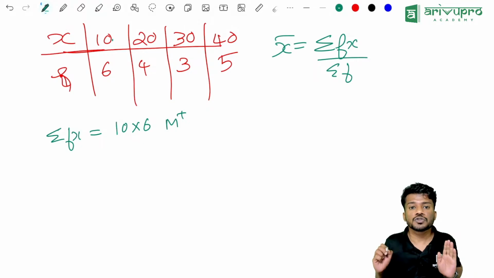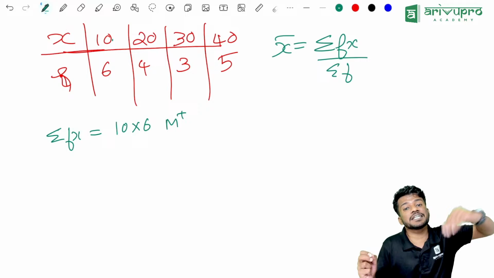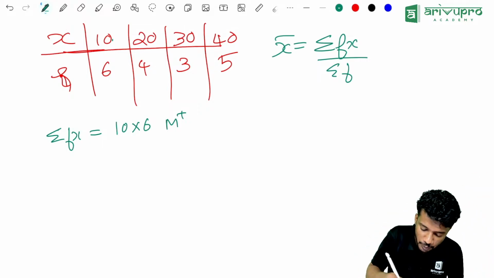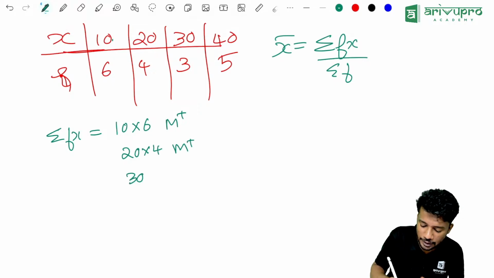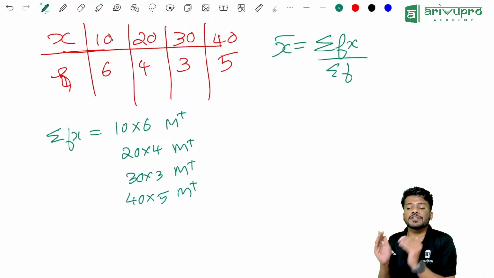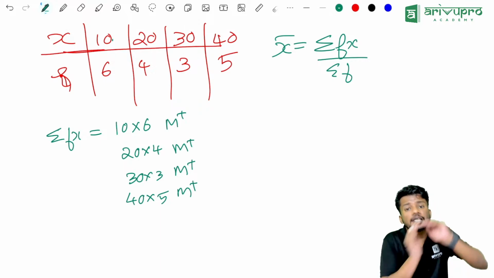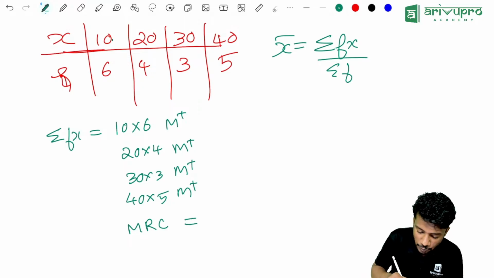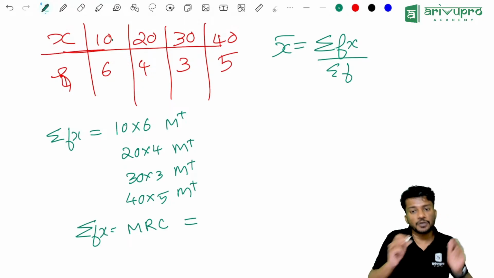Then click M plus, that means it is added to the memory. Then 20 into 4, M plus, 30 into 3, M plus, 40 into 5, M plus. So you added all the products into the memory. Finally click the MRC button, and you will get the value of sigma fx.